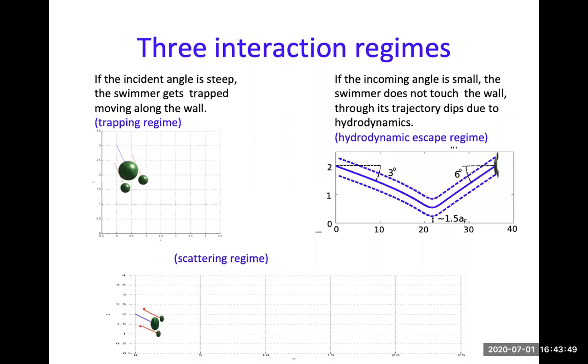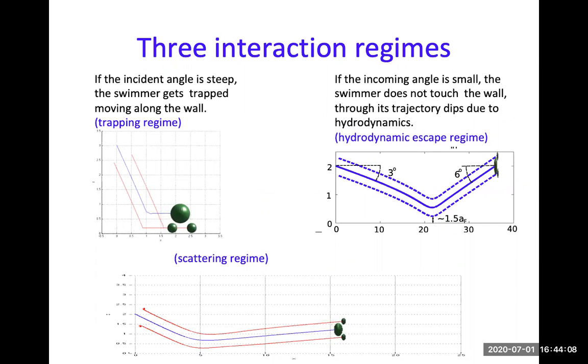And one interesting thing we saw is that for the model, depending on the incoming angle, you get different regimes, right? If the angle is too steep, the swimmer will be stuck at the wall with the flagella at the wall. If the angle is too low, then it will barely acknowledge the wall. It will just take a small dip. We call this the hydrodynamic escape regime.